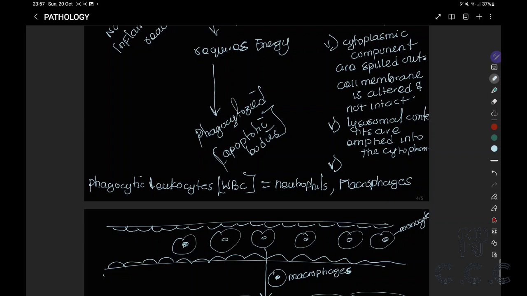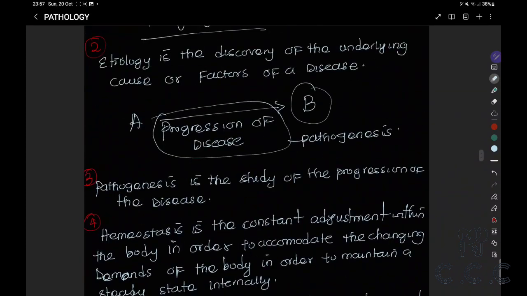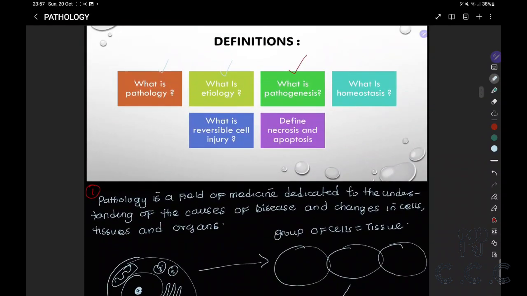Eventually, since the cell membrane is ruptured, it attracts inflammation. So simply put, it attracts our host immunity to check out what is happening there. So these are a few things that occur in the process of necrosis. We'll look at them much more deeply in the coming slides.